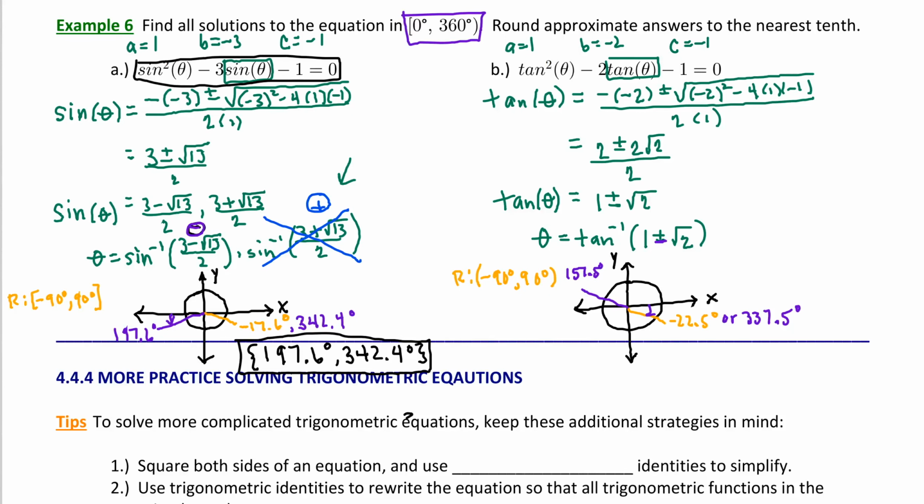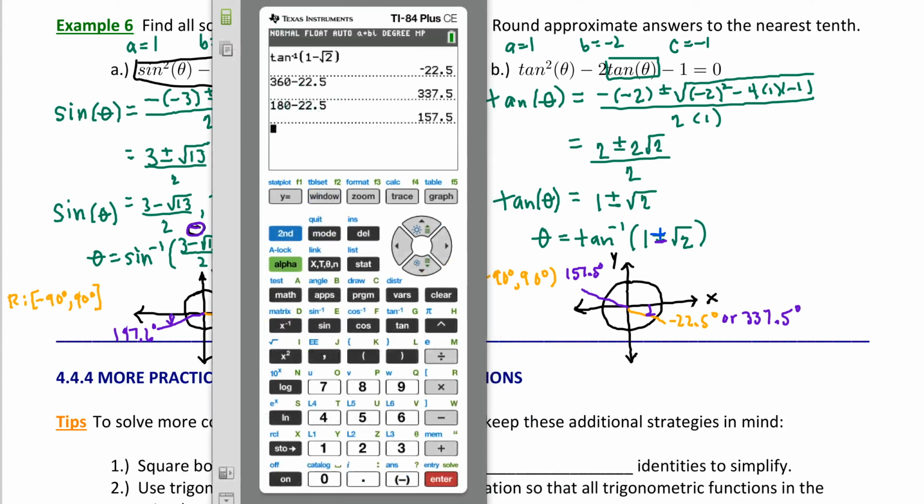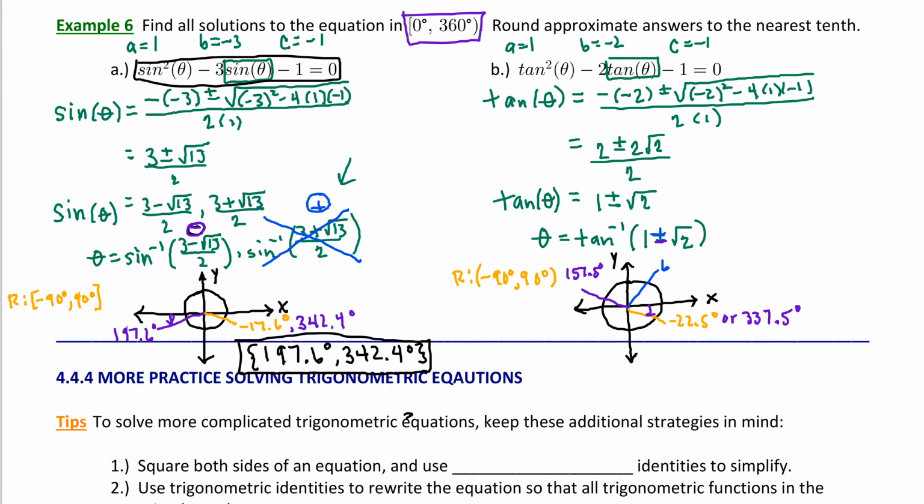Let's go back and calculate the roots that correspond to the plus part of the plus or minus. That is, we need to evaluate inverse tangent of 1 plus the square root of 2. This is a positive number, so we can expect a quadrant 1 angle, and we come up with 67.5 degrees. So that solution is over here in quadrant 1.